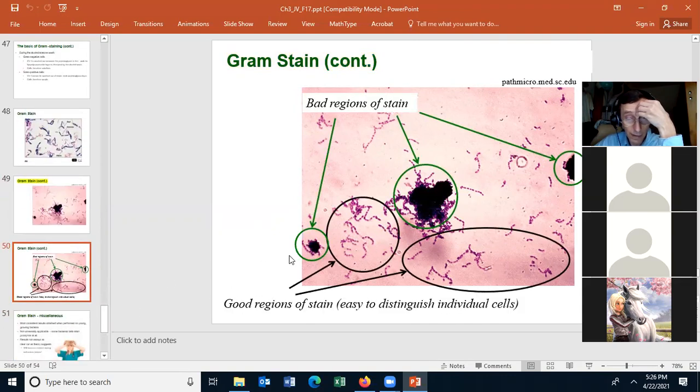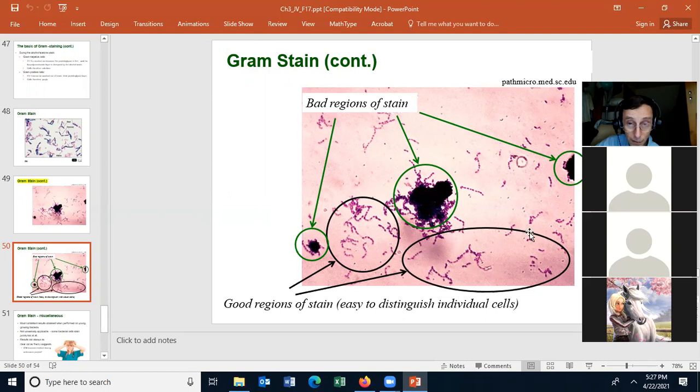So these are bad regions of the slide, and then you determine the gram stain using the good regions of the slide. I've actually seen it where somebody had gram-negative cells, and they had crystals of crystal violet on the slide, and the crystal violet from the crystal went out and stained purple the gram-negative cells immediately around this crystal.